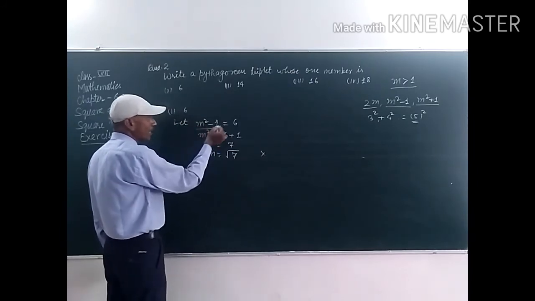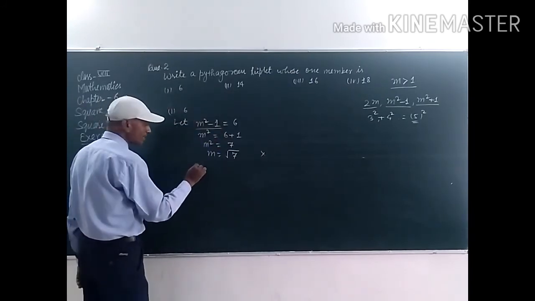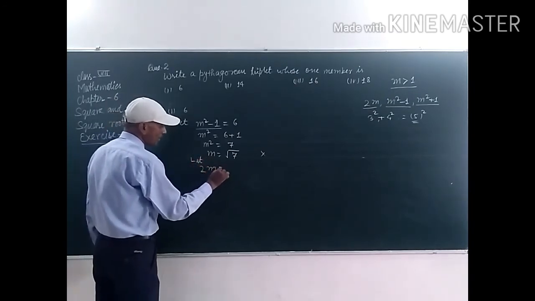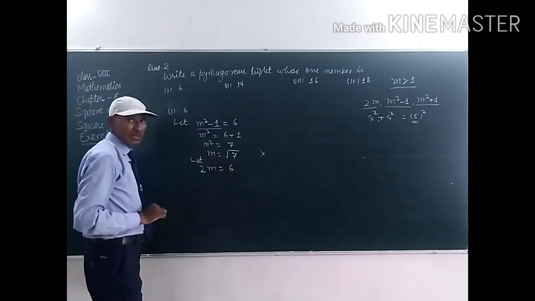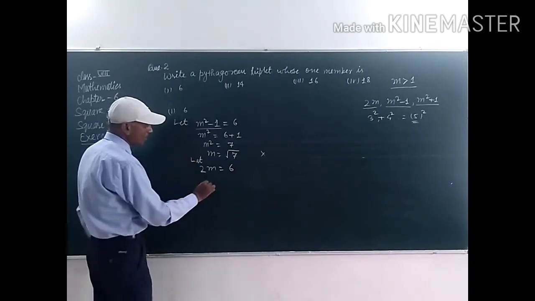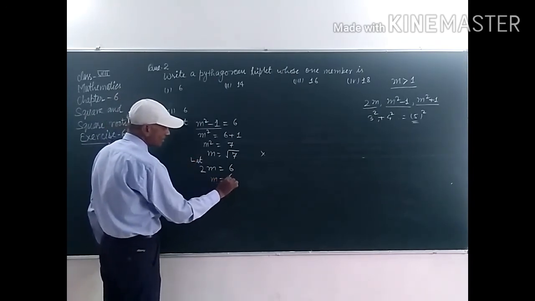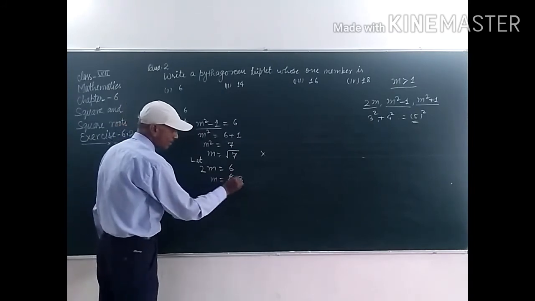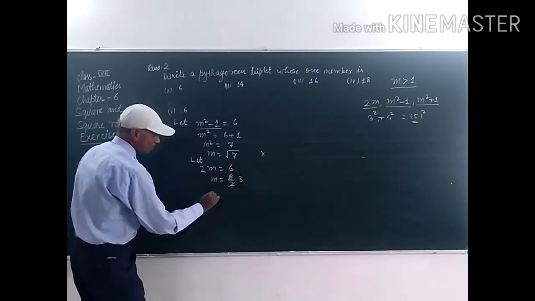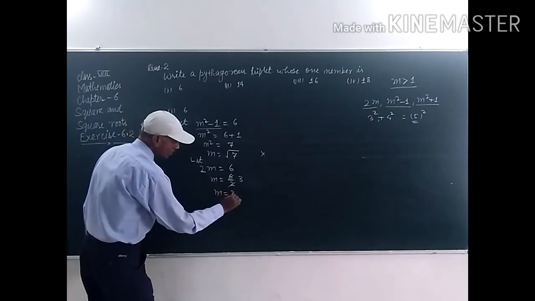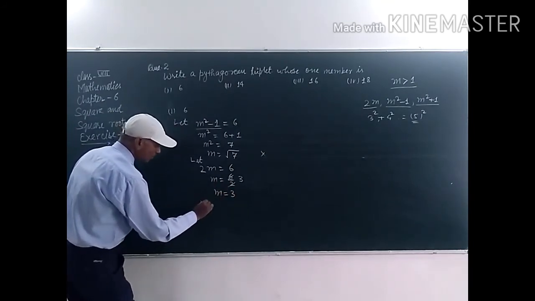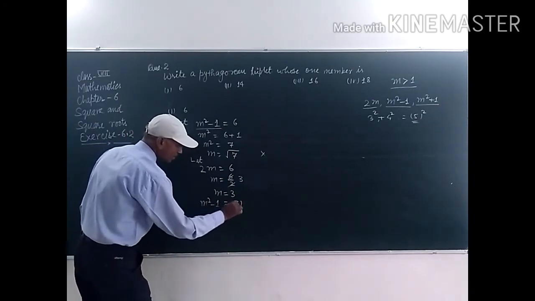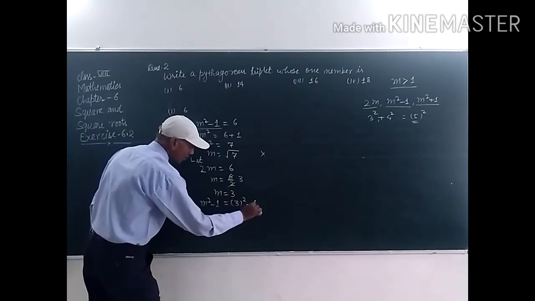So we have to take another member, that is, let 2m is equal to 6, and m is equal to 6 by 2, that is 3. So m is equal to 3. Now m square minus 1 is equal to 3 square minus 1.